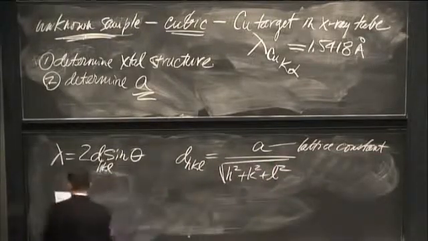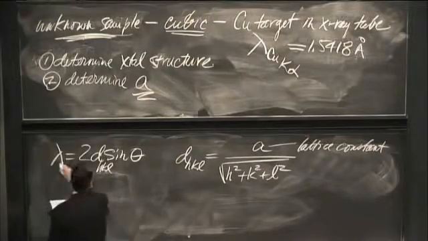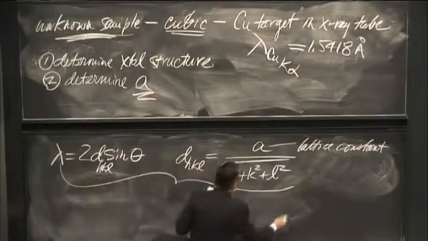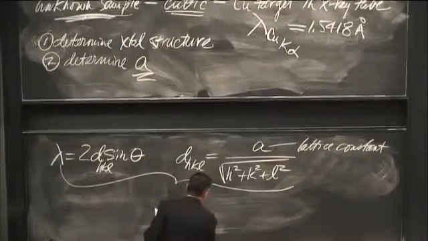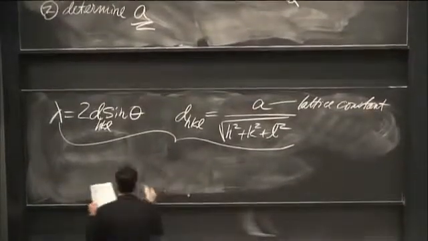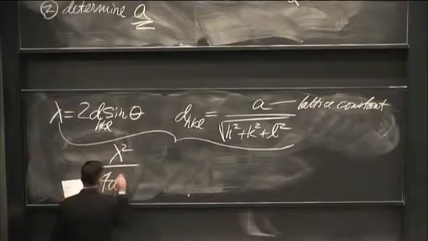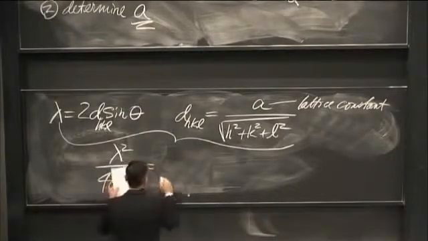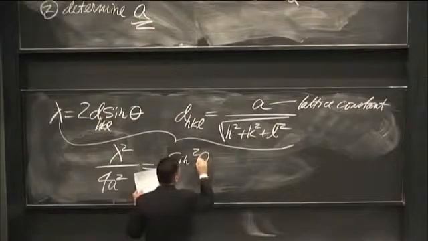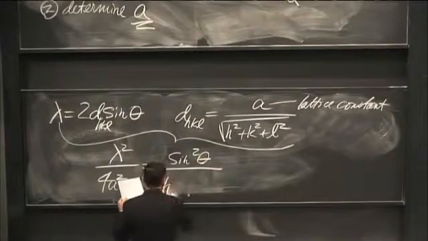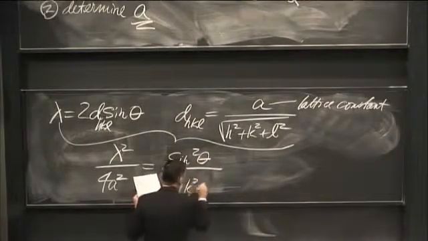So what I do is I combine the 2. If you combine these 2, you can end up with this relationship. If you combine the 2, you get lambda squared over 4a squared equals sine squared theta over h squared plus k squared plus L squared.